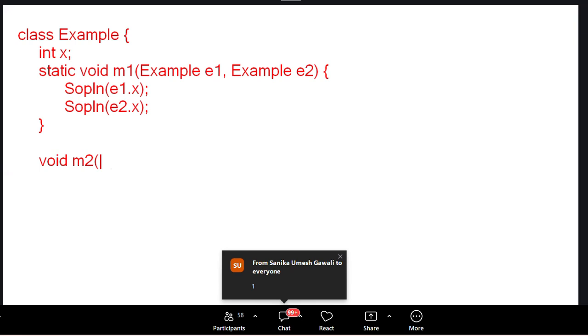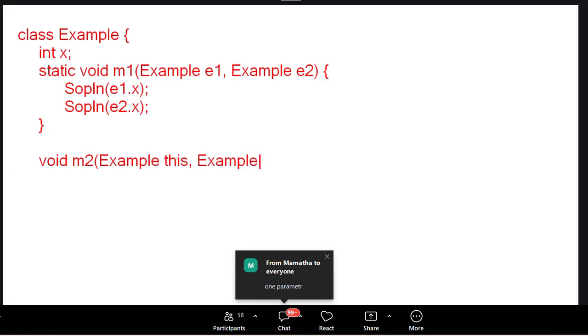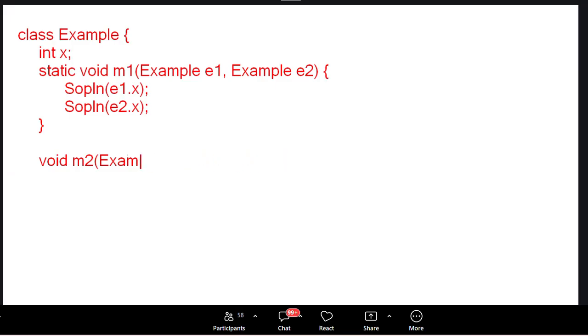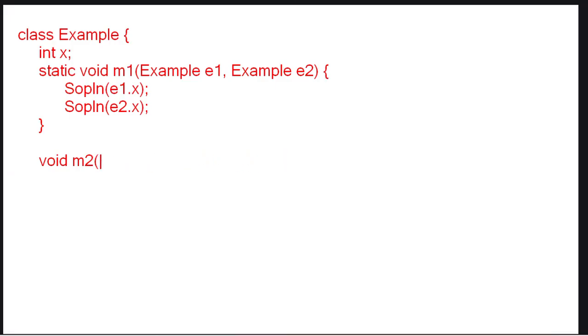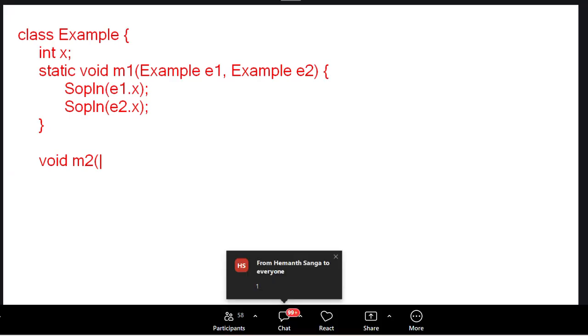Already there is one implicit parameter called what? This. How many extra parameters do I have to write? Only one. Totally how many parameters should I create? One. The compiler is already adding one parameter. I should write only one parameter.